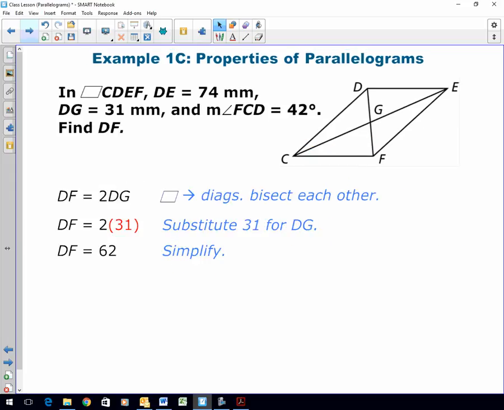All right, next, here we go. In parallelogram CDEF, this tells me DG is 31. What is the measure of DF? The diagonals in a parallelogram do what to each other?